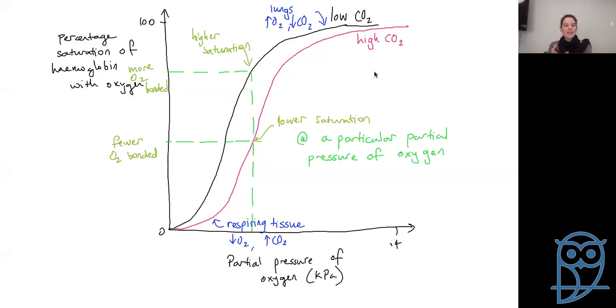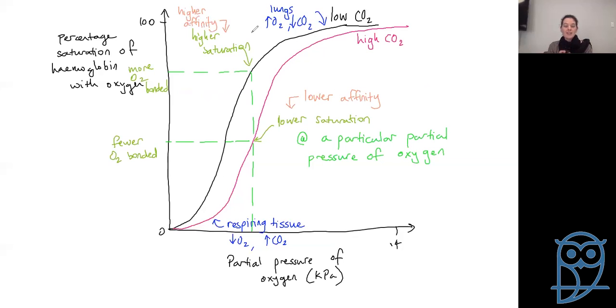So you can see how this now starts to relate to the same thing, because when we have this high carbon dioxide, we're effectively decreasing our affinity for oxygen because of the presence of those hydrogen ions. The hemoglobin wants to bond to the hydrogen ions instead of the oxygen. So lower saturation, we can interpret this also as lower affinity. And therefore higher saturation also converts to higher affinity.